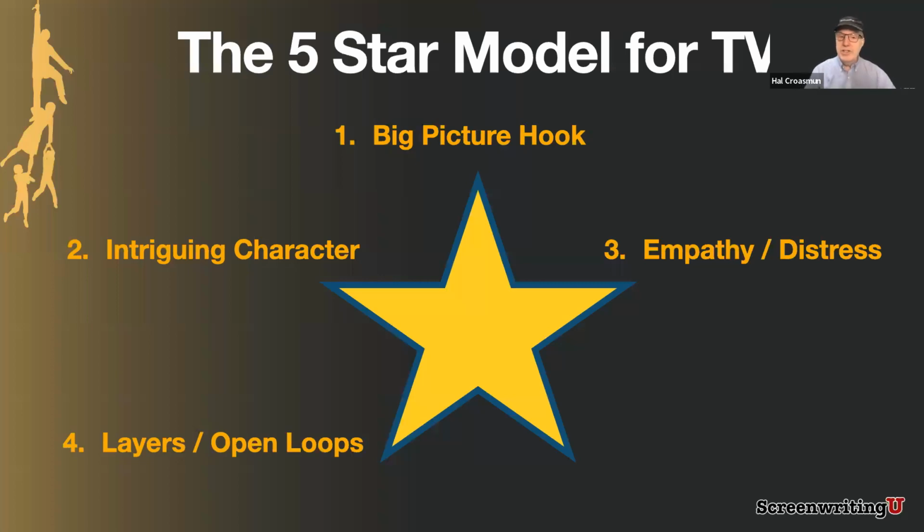And then layers/open loops. Basically, what this is about is creating a situation, layers create a situation where we discover something new about the character we hadn't known. And it's not just exposition. It is, we are discovering something new about this character that we're surprised about, right?